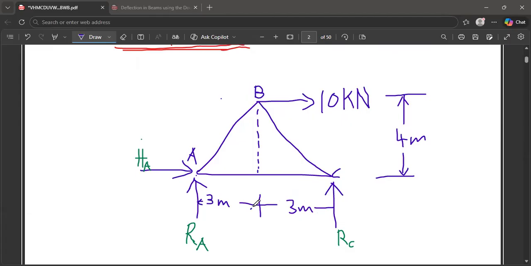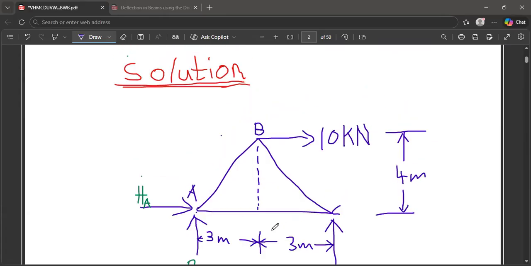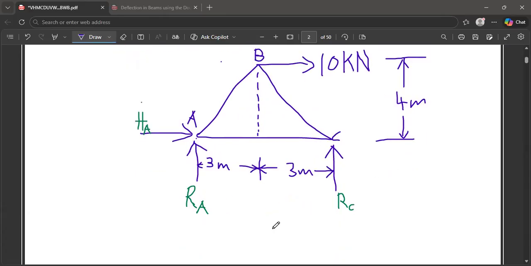So we just have to calculate for our reactions, and once we are able to get our reactions, I think we are good to go.